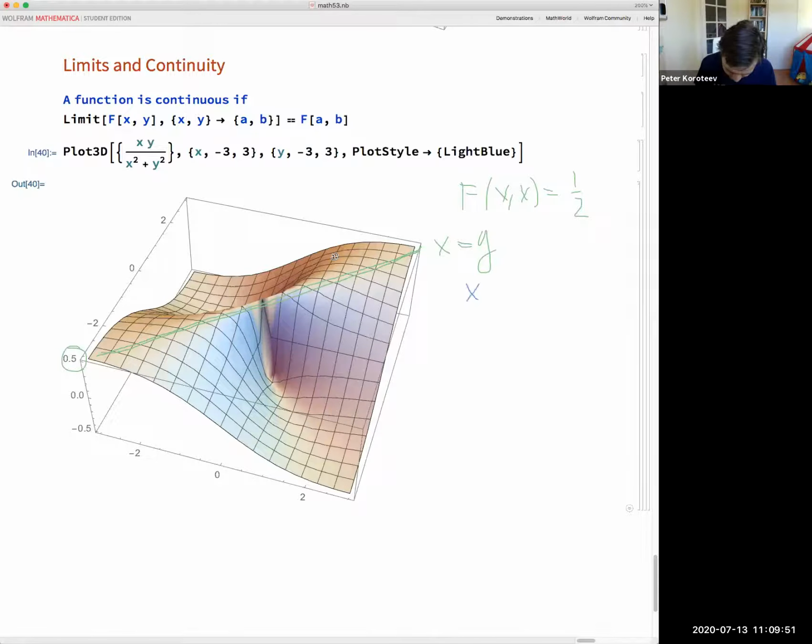So x equals minus y will be this kind of line here, and then it will re-emerge on the other side. So when x equals minus y, f of x comma minus x is equal to minus 1/2. Right? Now here are these two lines, x equals y and x equals minus y, and you need to continuously span, continuously wrap a surface on them.